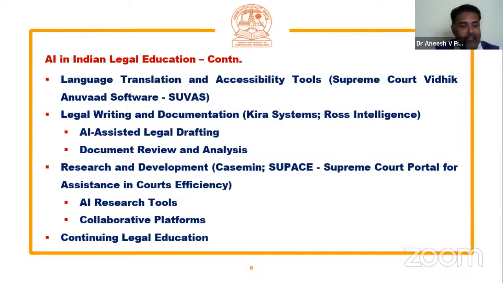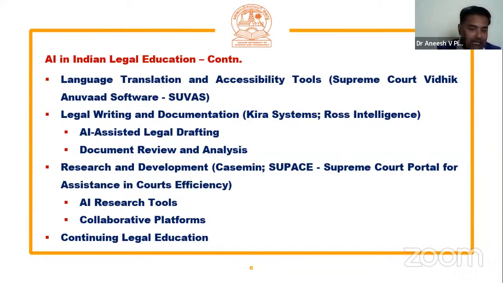Then legal writing and documentation. When you are drafting a case, when you are drafting a contract, or if you want to file a writ petition, or if you want to know how to draft a civil petition or a civil suit, there are AI-enabled or AI-driven tools like Kira Systems, ROSS Intelligence, etc., that will help you with legal writing and documentation.